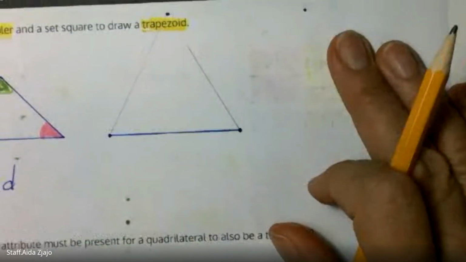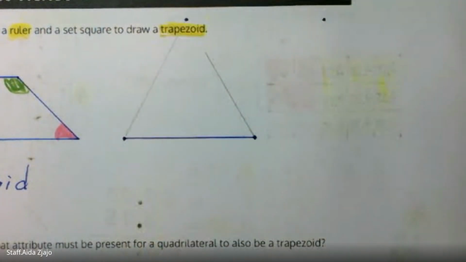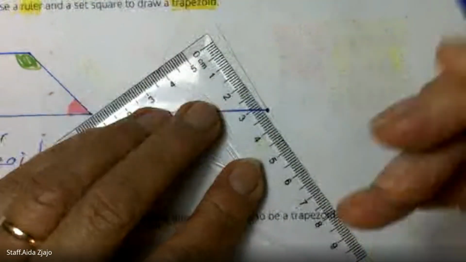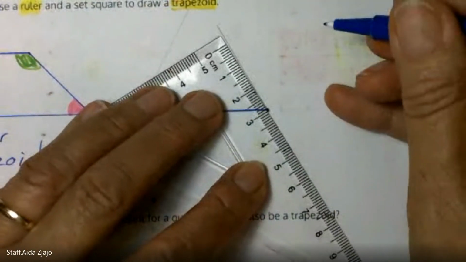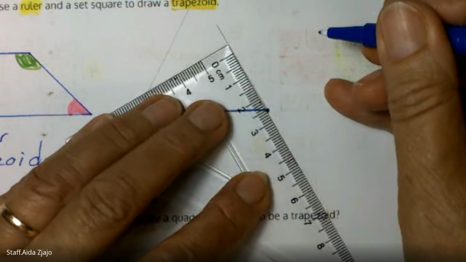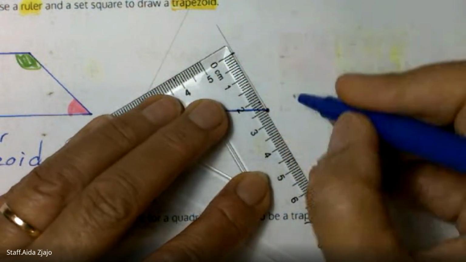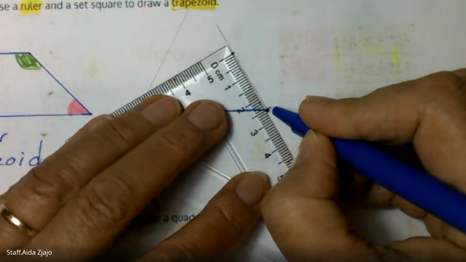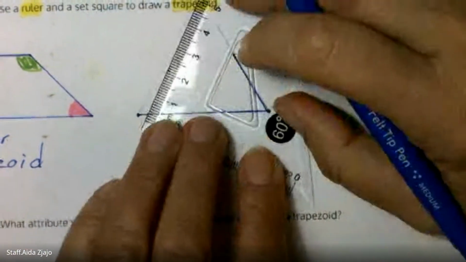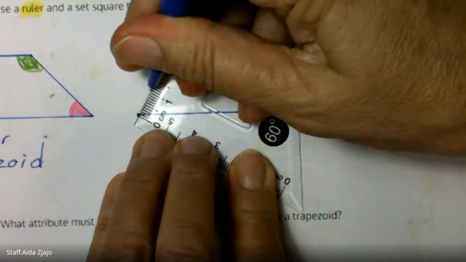All I need now is to choose how big I want my congruent sides. Let's do 2.5 centimeters. So this is 2.5 centimeters, and the other side is also 2.5 centimeters.